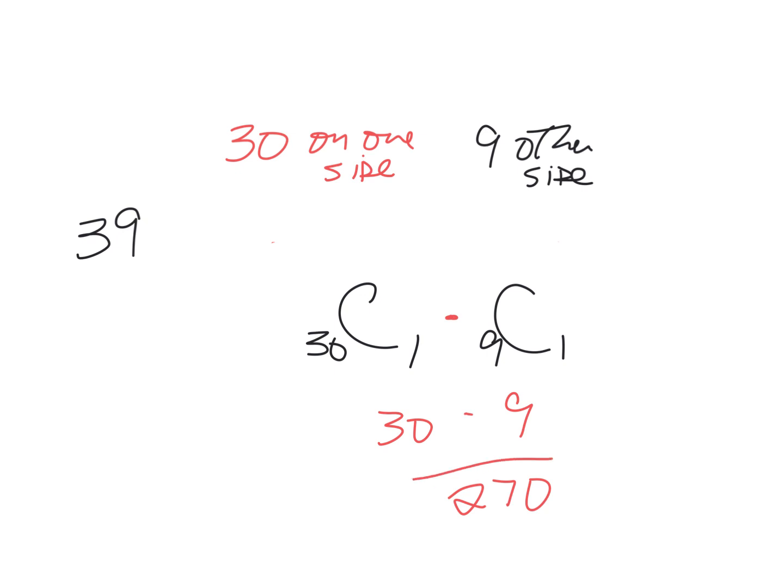Okay, now, if I tell you that Jeremy is from one side of the family and Lois is from the other side of the family, my question is, what's the probability it's going to be Jeremy and Lois? I know this seems like super hard, but it's not. There was 270 total ways that it could be picked.